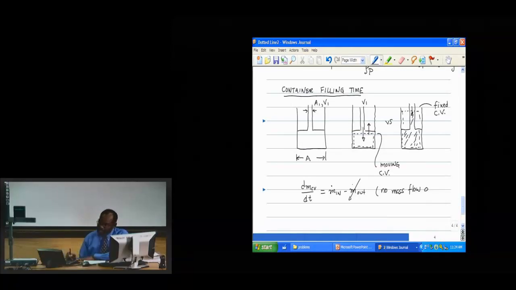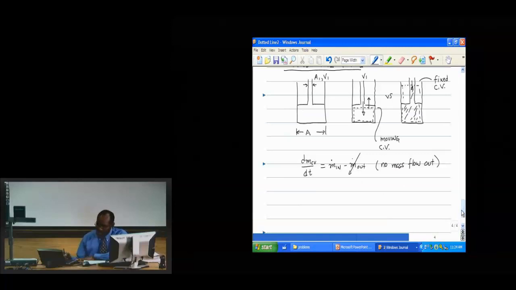And so it's just the mass flow rate in. Depending again on the control volume choice that we have, our m dot in is either the relative velocity or this fixed velocity. In the case that we have the variable, moving control volume, our mass flow rate in is equal to rho times u, so it's going to be a total u.